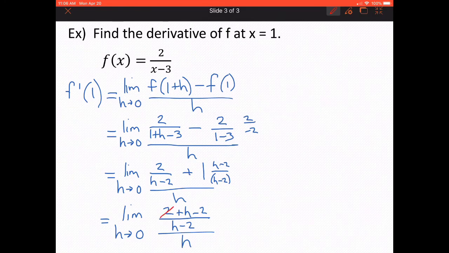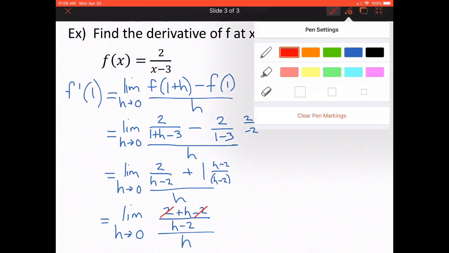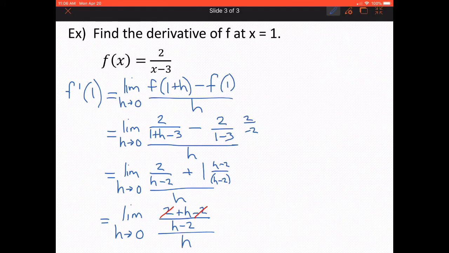The 2 minus 2 cancels. So we now have the limit as h approaches 0 of h over h minus 2 times 1 over h, because I'm dividing by h, which is multiplied by the reciprocal. The h's cancel again.